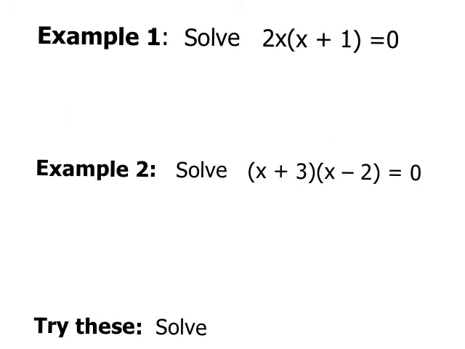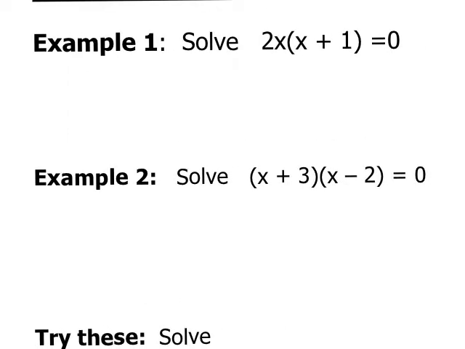So if I look at example 1, I see 2 different parts to this that are being multiplied together. I see 2x times this set of parentheses. So that means in order for this whole thing to be 0, either 2x could be 0 or x plus 1 could be 0. Because I'm multiplying, so instead of x times y, this is 2x times x plus 1.